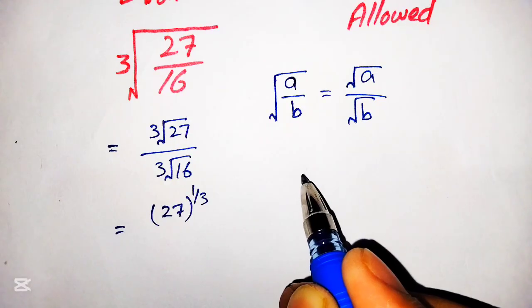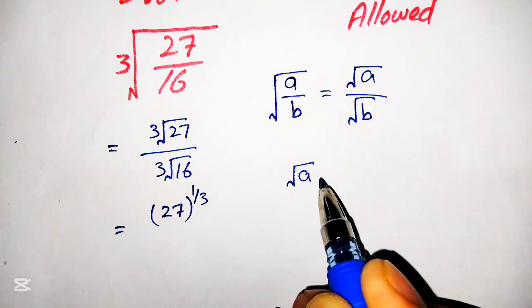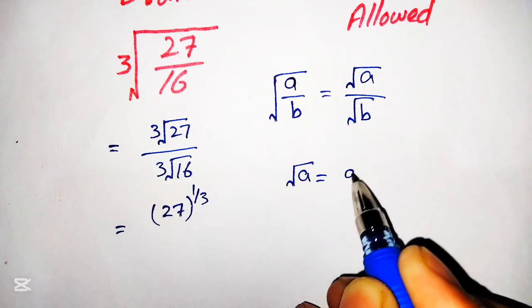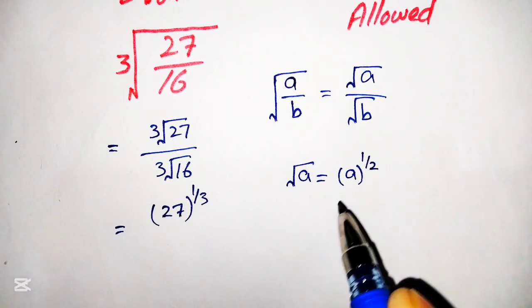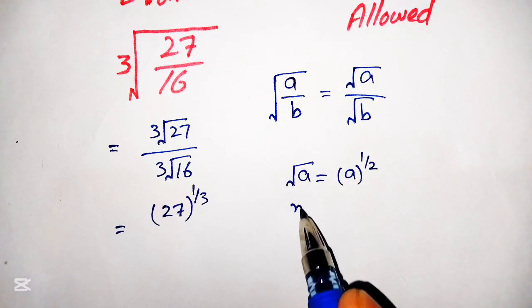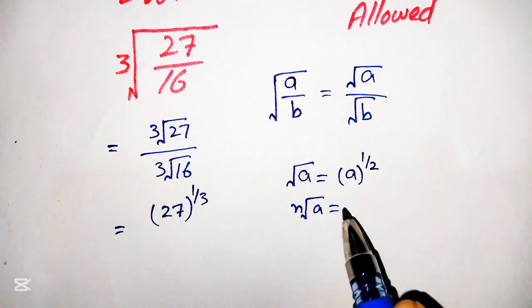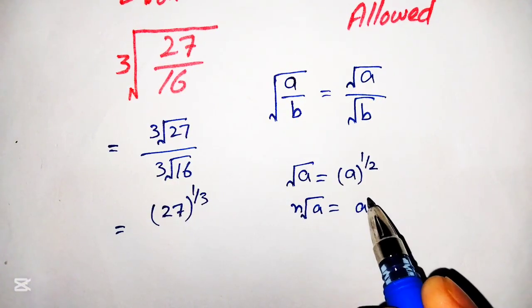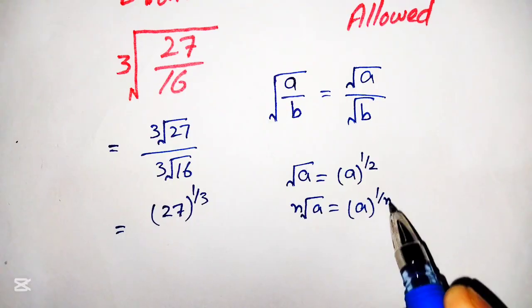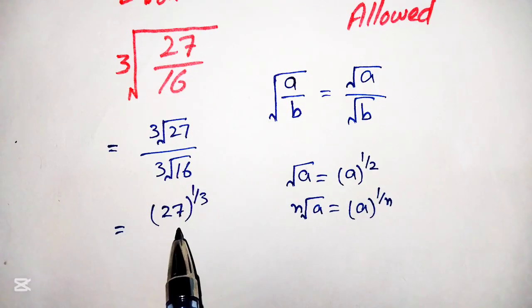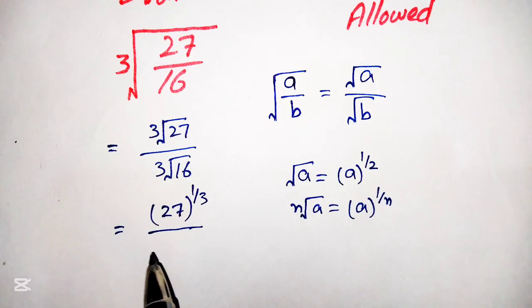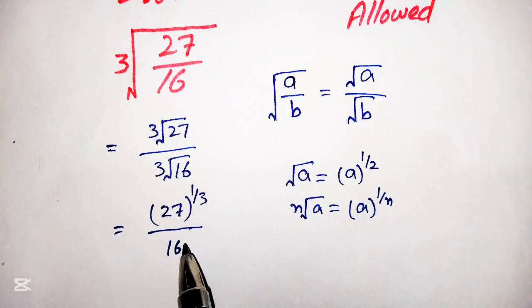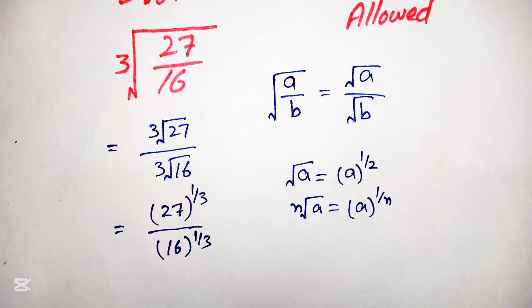If we have the square root of a, then it means that we can write it as a raised to power 1 over 2. Similarly, if we have the nth root of a, then it means that we can write it as a raised to power 1 over n. Hence, the denominator term will become 16 raised to power 1 over 3.